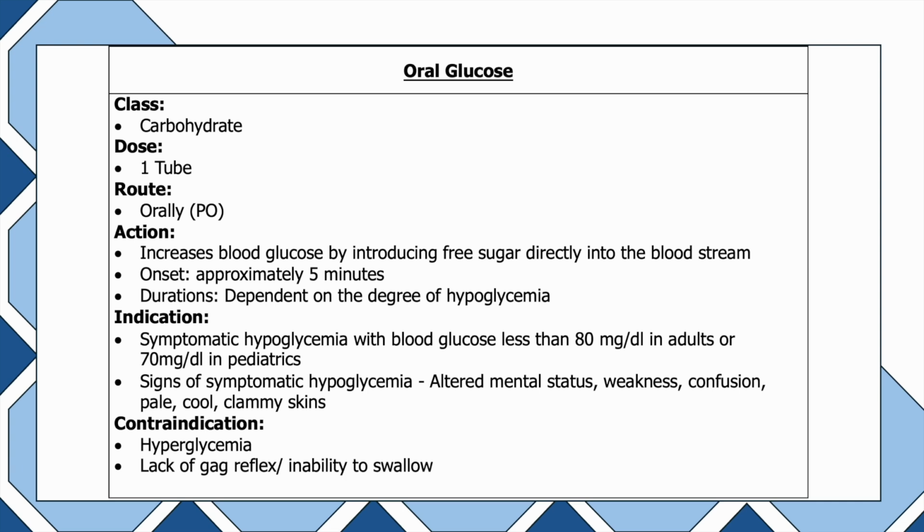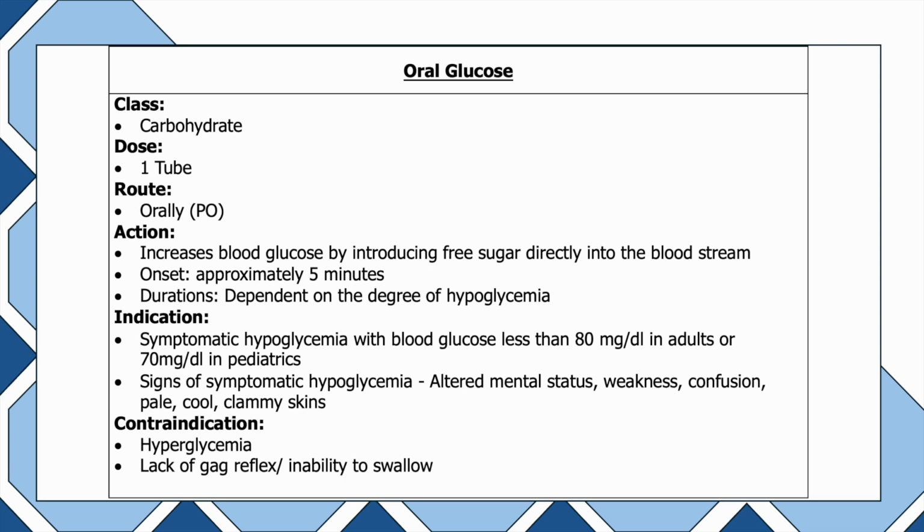As far as oral glucose itself, it is generally stored in 15-gram tubes. It's a simple carbohydrate designed to be eaten orally, and often it's flavored in either grape, cherry, or lemon.